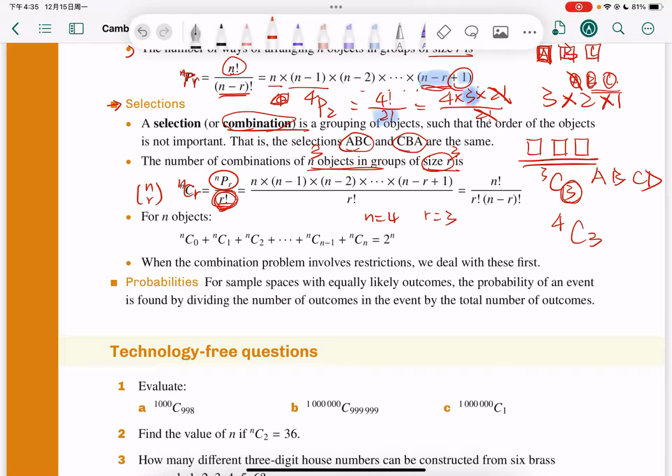After simplification, you get n factorial divided by R factorial times (n minus R) factorial, where the blue part is equal to P(n, R), and then we divide by R factorial.